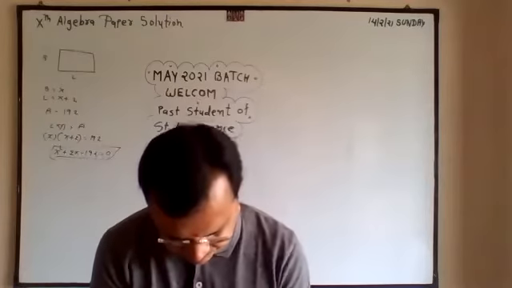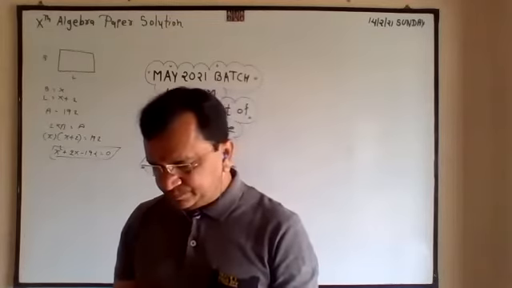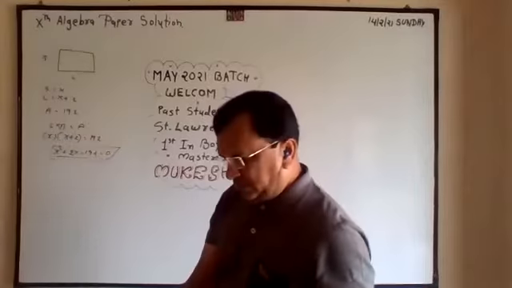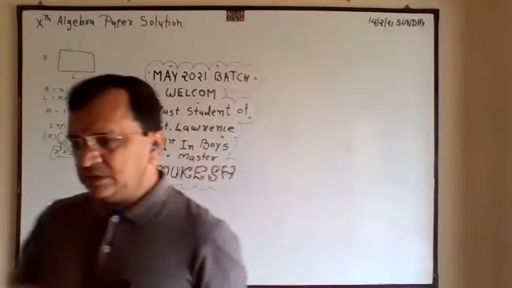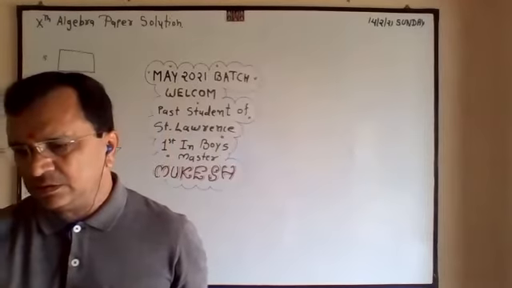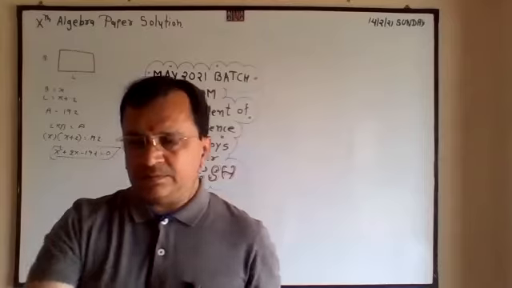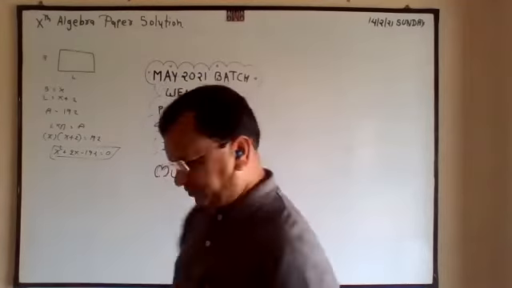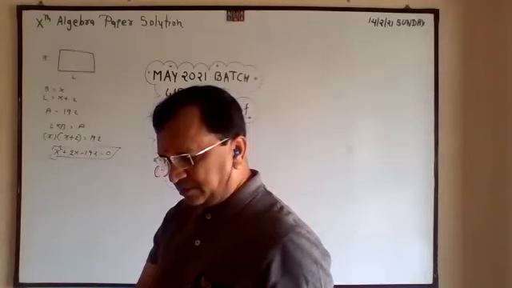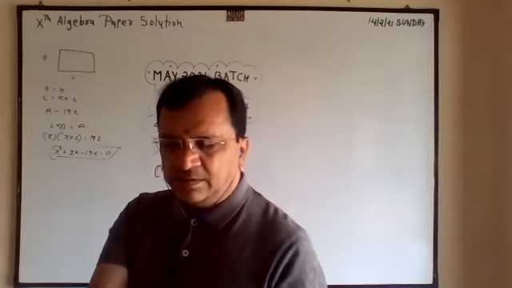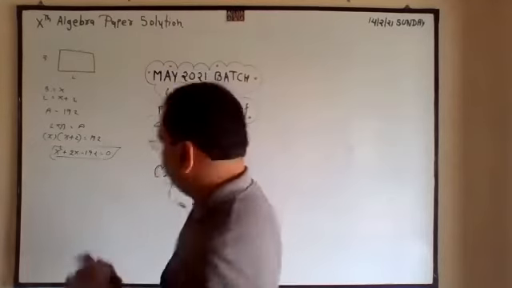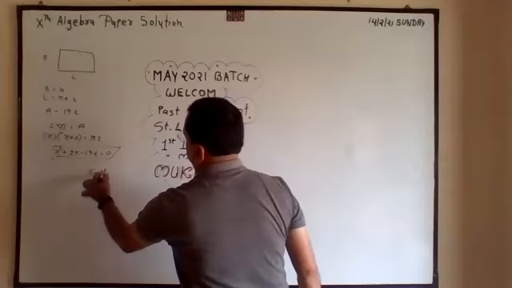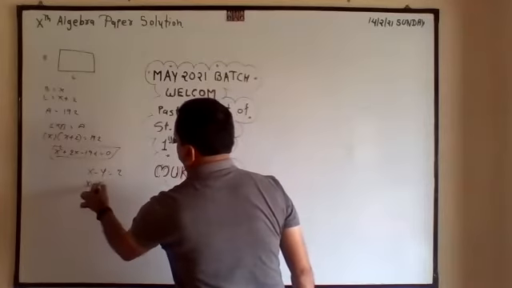Next question. x minus y is 2, x plus y is 4.